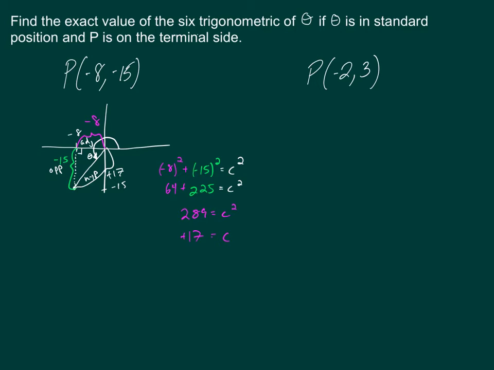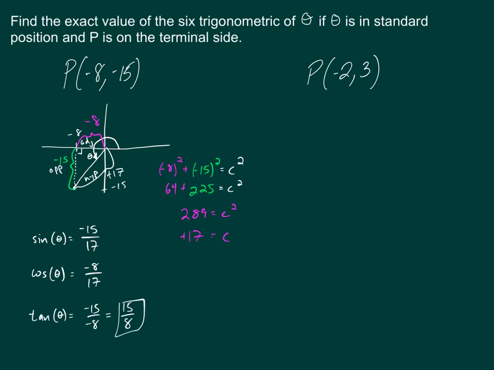So when we find these 6 trigonometric functions here, the sine of theta is the opposite, negative 15 over the hypotenuse, 17. The cosine of theta here is the adjacent, which is negative 8 over 17. And the tangent, something fun happens here, ends up being negative 15 over negative 8, which is just 15 over 8.